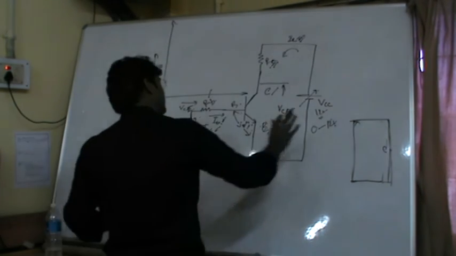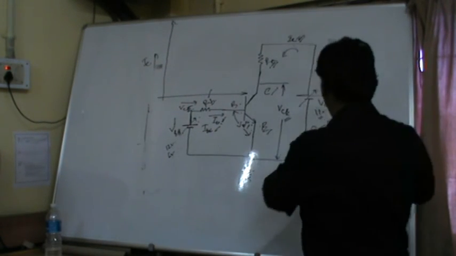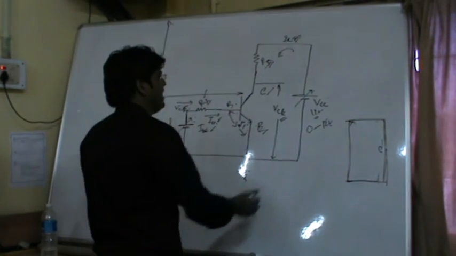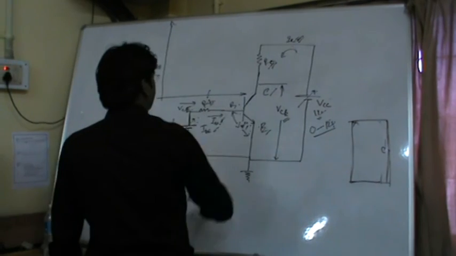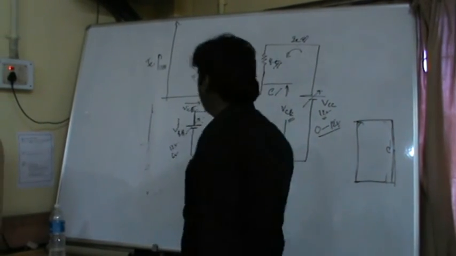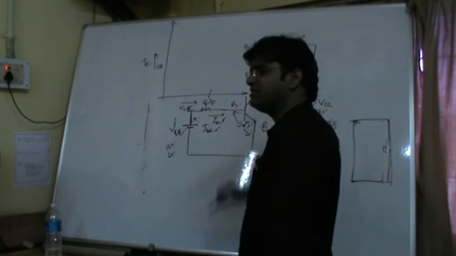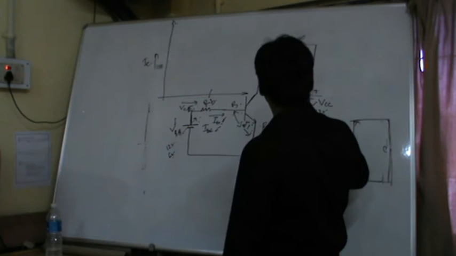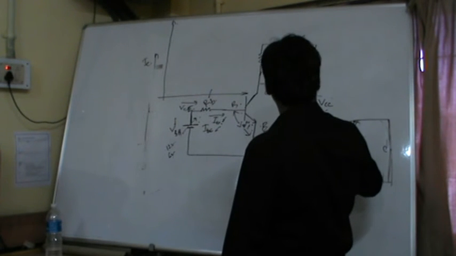Now, considering these particular things in your mind, just come to these positions. I am increasing from 0 to 12 volt. First of all, what happened? As this voltage is increasing, IC is increasing. I am changing the voltage 0, 1, 2, 3, in that way.